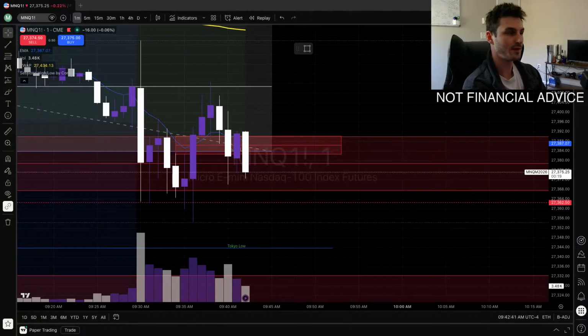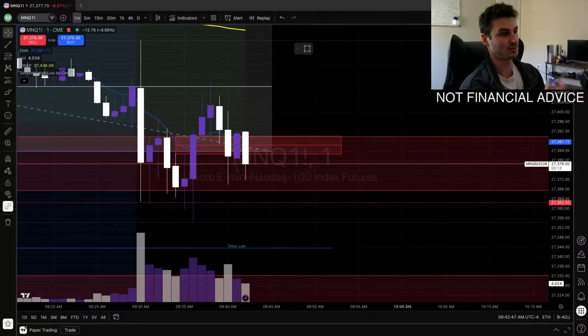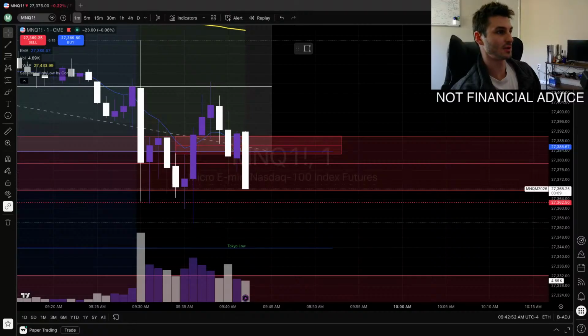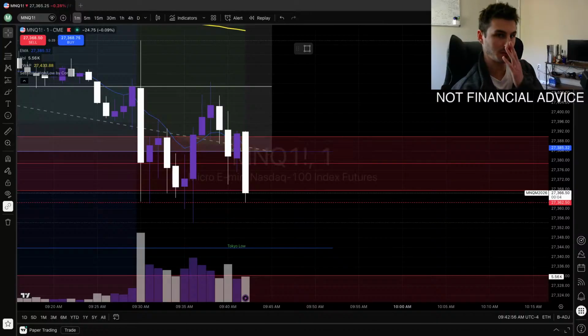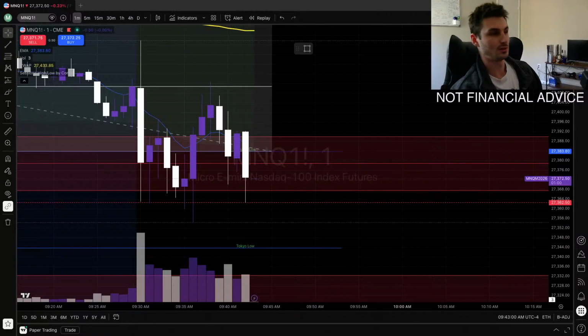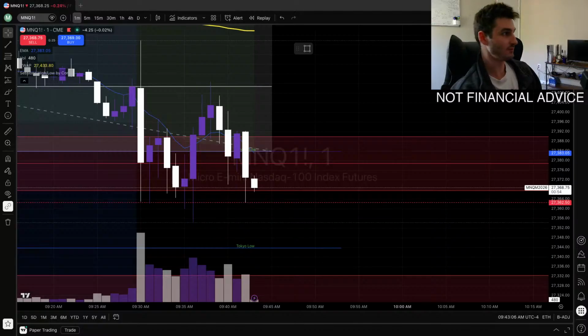What I'm not a fan of is the fact that we're just dancing around this zone, which, I mean, it's not a bad thing considering we're creating accumulation. Alright, this is junk. That's invalid. I actually would not mind seeing Aegis Session Lows get taken out and we enter that 15-minute zone below.